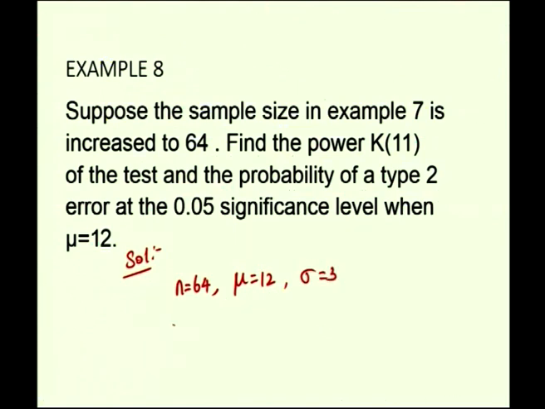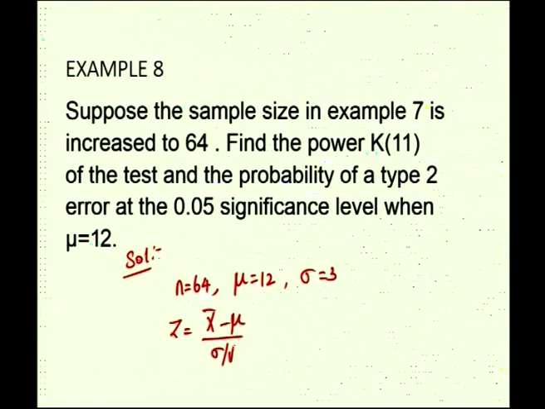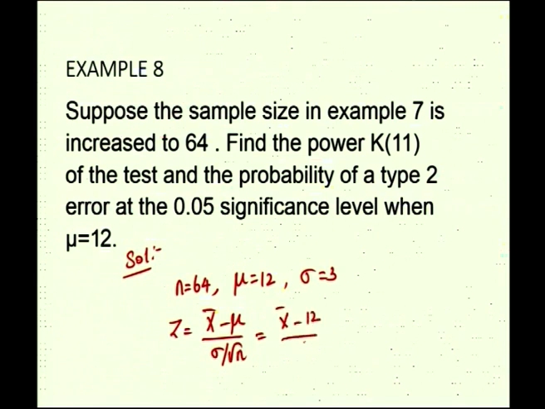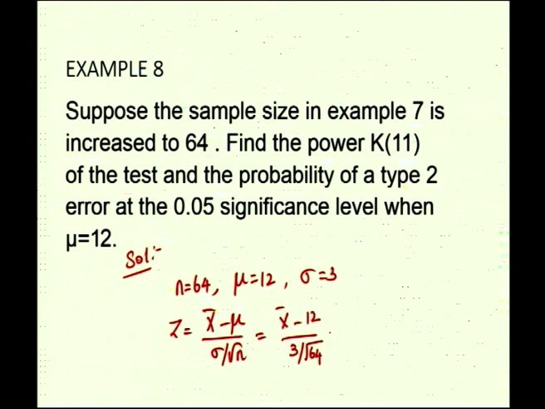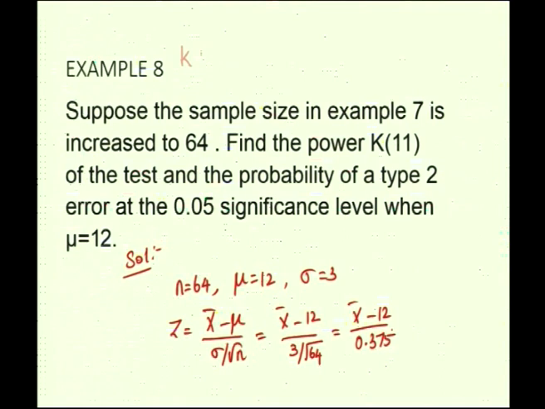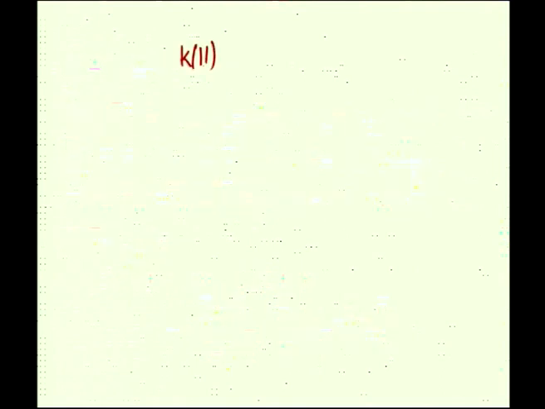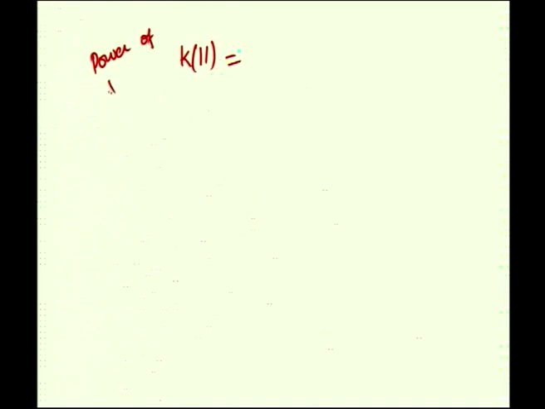So, Z is equal to x bar minus mu by sigma by root n, that is x bar minus 12 by 3 by root of 64, that is x bar minus 12 divided by 0.375. And we want K of 11, the power of the test.